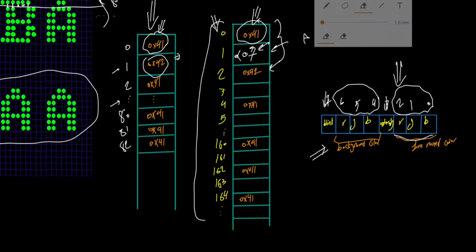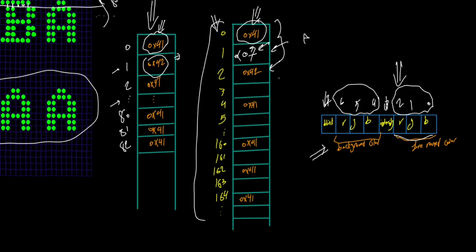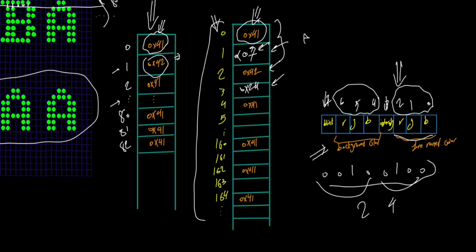Let's imagine that in the memory location 3, we would have 0, 0, 1, 0, 0, 1, 0, 0. So in hex, this is obviously 4 and this is 2. So you would have 0x24, or obviously the value 00100100, in this memory location. Just because I don't have space, I'm writing things in hexadecimal.